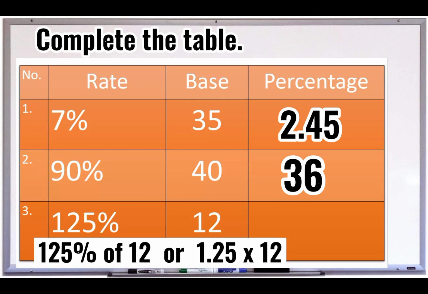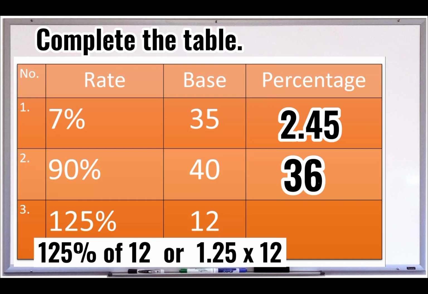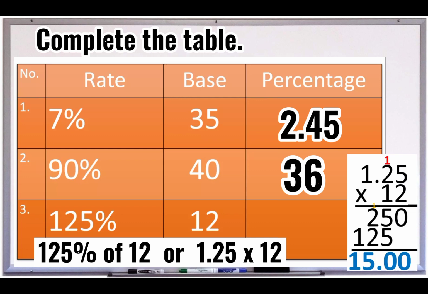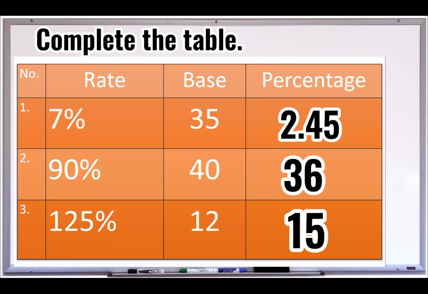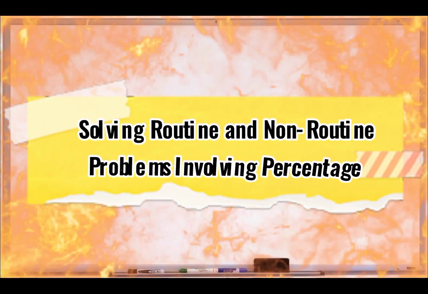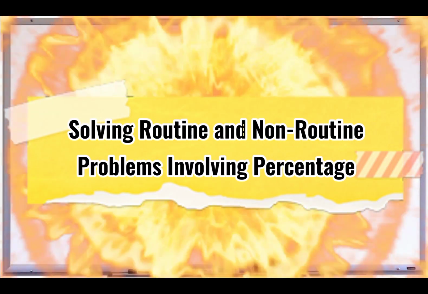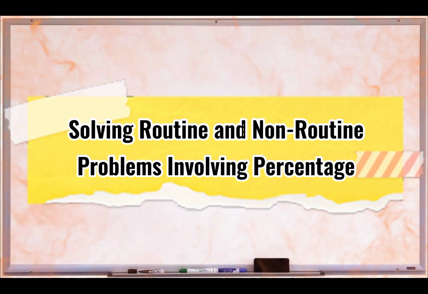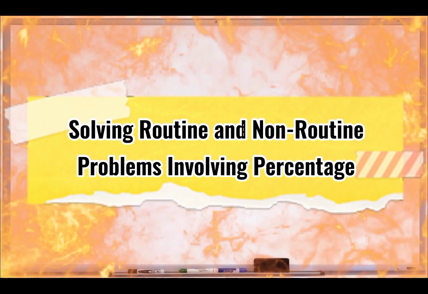So, 125% of 12 or 1.25 times 12. When we multiply 1.25 times 12, the answer is 15. Yes. Do you have the same answer? Very good. And now, let's go to solving routine and non-routine problems involving percentage.